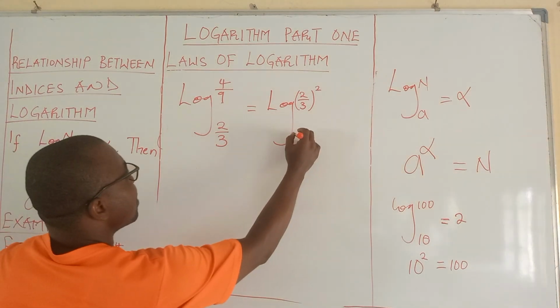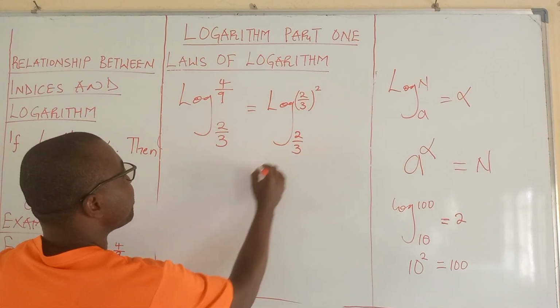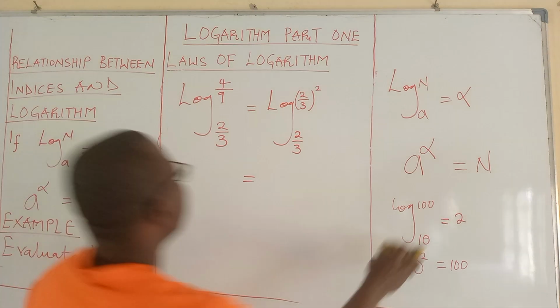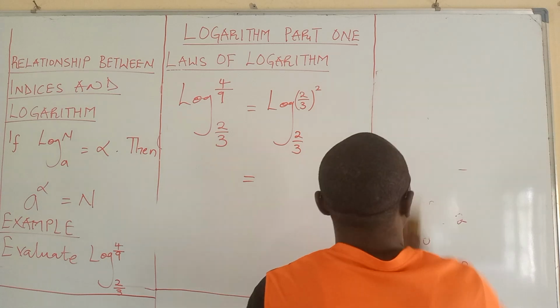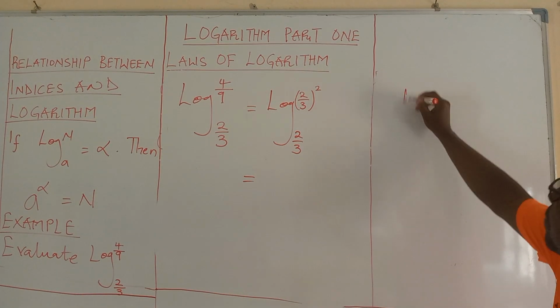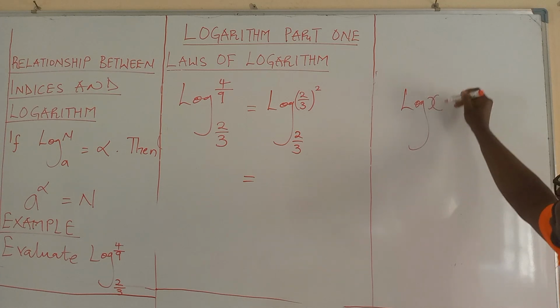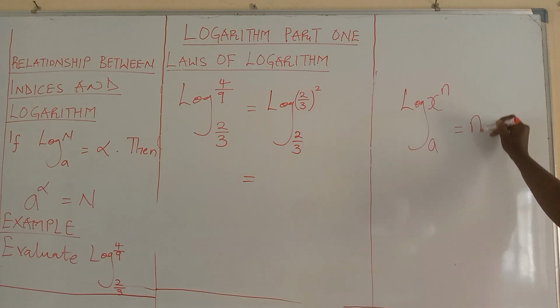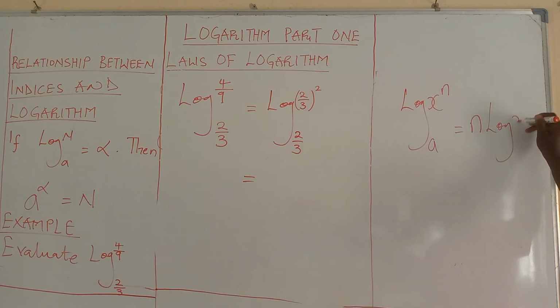And now base 2/3. Now remember, from one of the laws of logarithm, if you have log x raised to power n, let's say base a, the answer is simply n log x base a. So I will apply that law here.